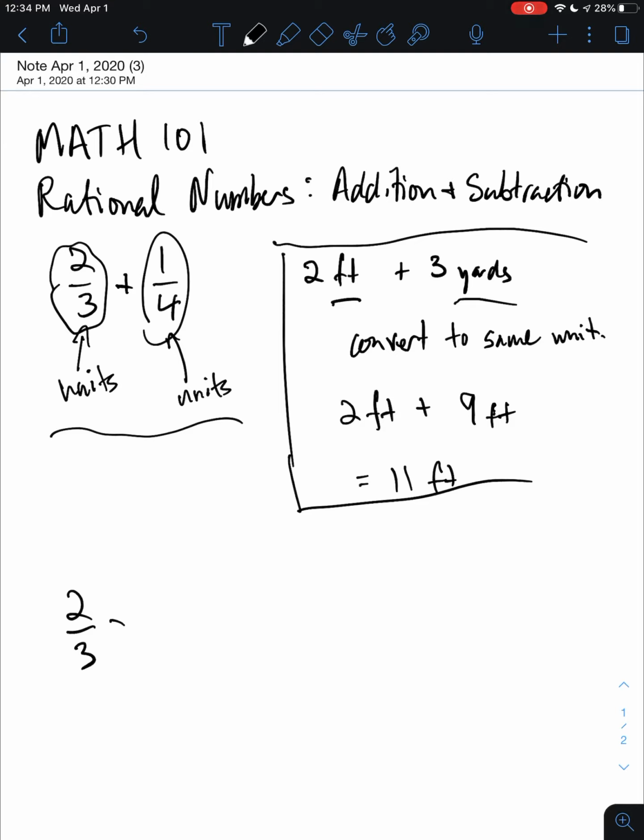2/3 has all of these different equivalent representations. This is kind of going backwards from our least terms calculation that we've been doing a couple times. Here we're going to go backwards, and I'm going to write down the whole series. So 2/3 is 4/6, is 6/9, is 8/12, is 10/15, is 12/18, and so on.